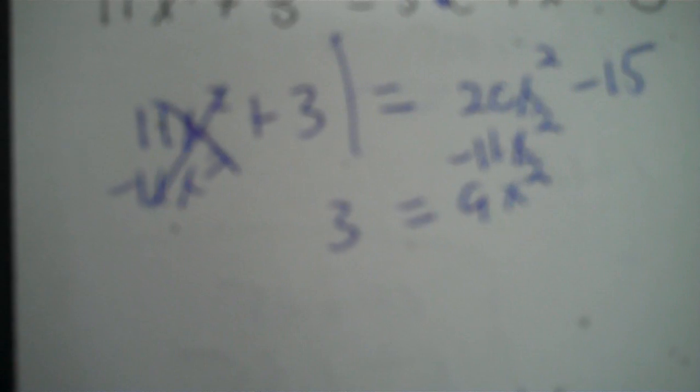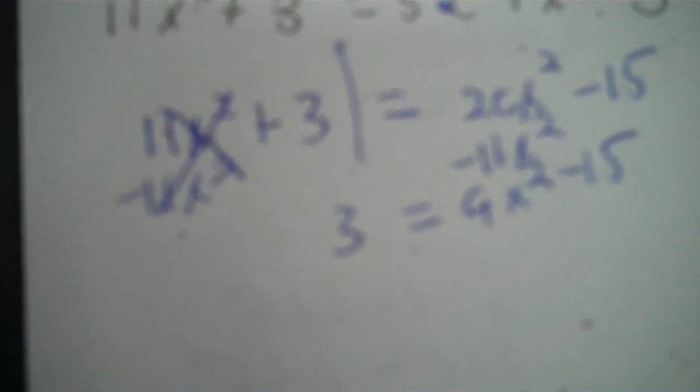Now 20 minus 11 is 9. Now the x to the seconds we don't subtract. We leave those as x to the seconds, okay? Don't get rid of the powers or anything like that. Because 2 minus 2 is 0, and that's a division thing where you subtract the exponents, okay? And then minus 15. So when adding and subtracting, you keep the variable term to the power that's there already.